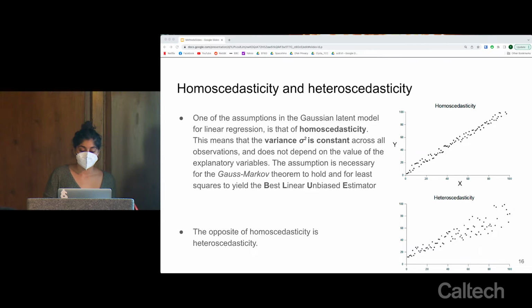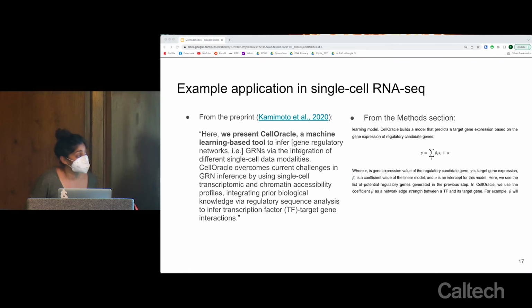To give an example application, this is just an example of a machine learning based tool, but the main idea is that it takes genes like transcription factors and finds the coefficients on these that lead to a good model for the output of some target genes.